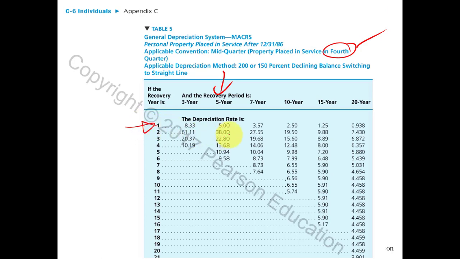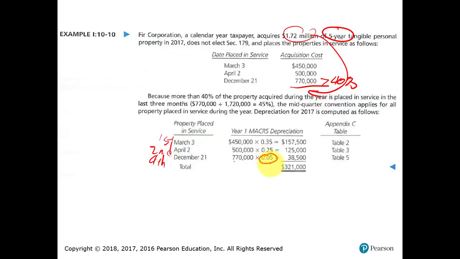The first year we bought it, 5%. And you keep on using the mid-quarter tables for these 3 assets for the rest of the life you own them. Again, every year you have to apply whether it's a half-year convention or mid-quarter convention for the year, for the assets you bought for that year.